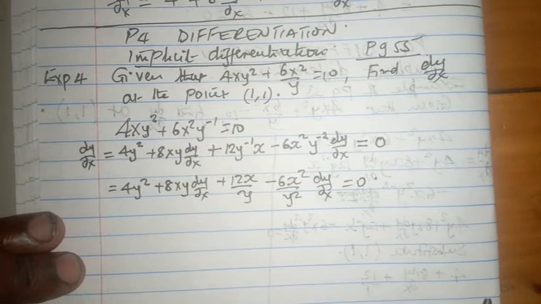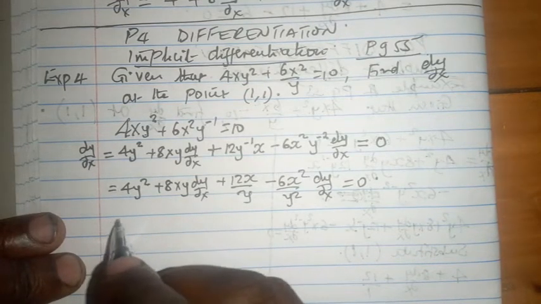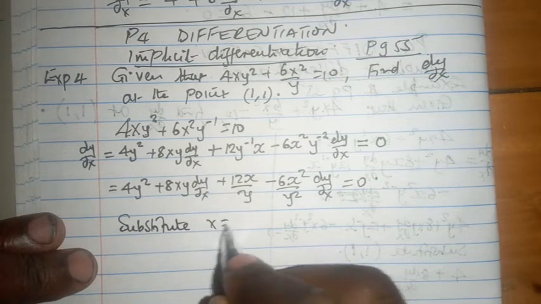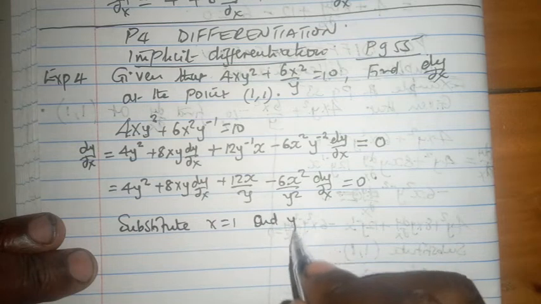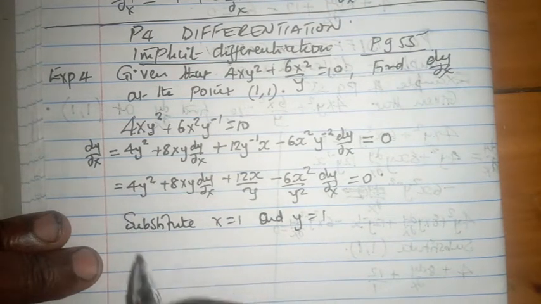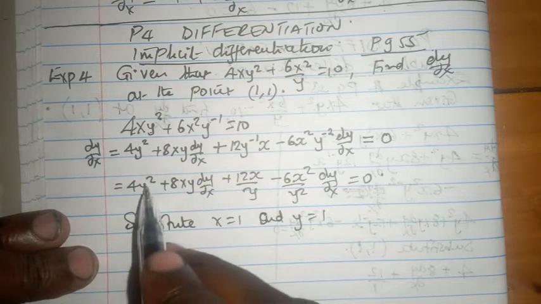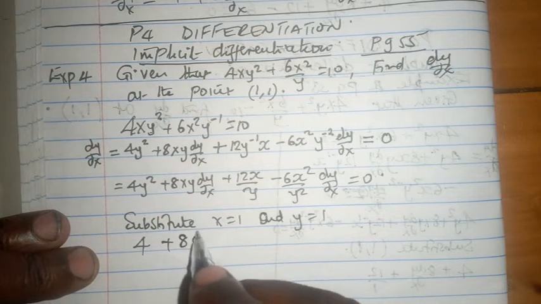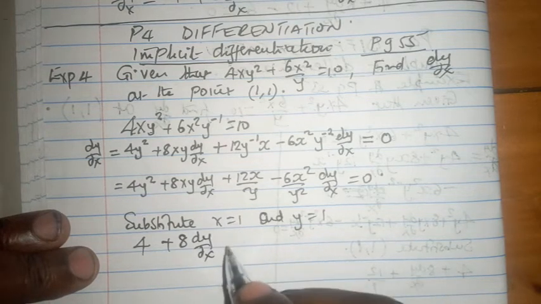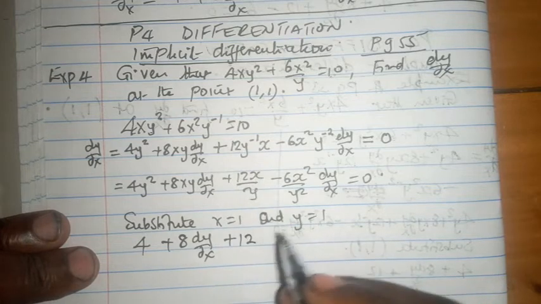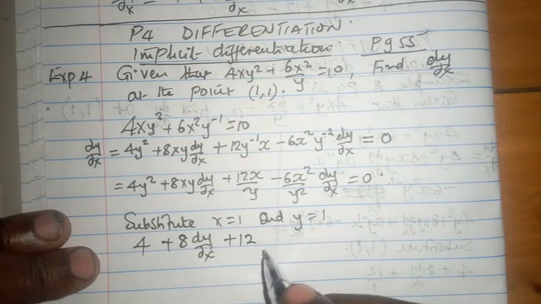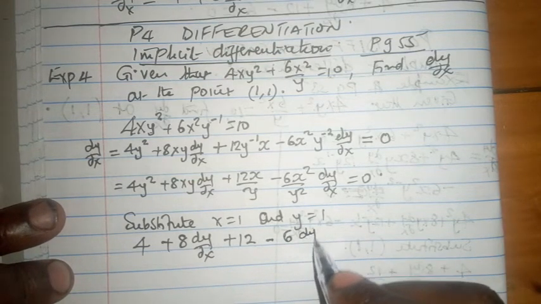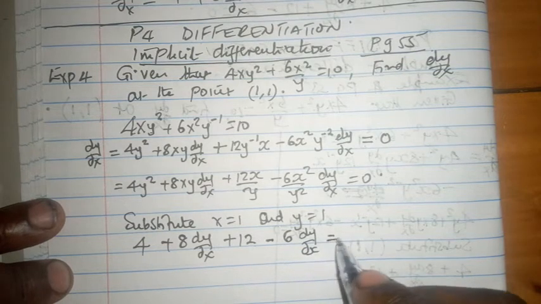At that point, we can easily substitute because we have y and x. Substitute x equals 1 and y equals 1, and we have 4 times 1 squared, which is 1, plus 8 times 1 times 1, plus 8 dy/dx plus 12 times 1 over 1 minus 6 dy/dx is equal to 0.